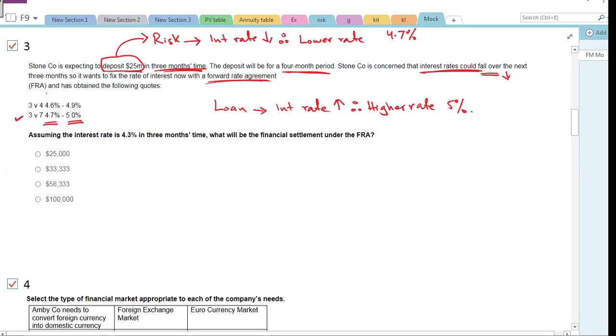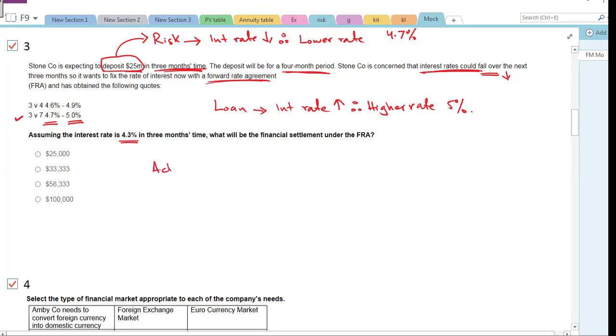Now, assuming that the interest rate is 4.3% in 3 months' time, this is the actual interest rate, okay? This is the actual situation that has happened, okay? So let's calculate how much actual interest we will be paying after 3 months, right?